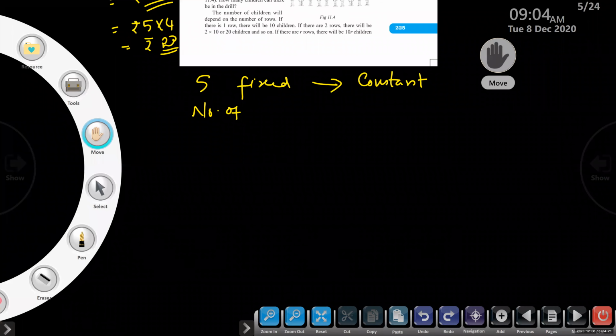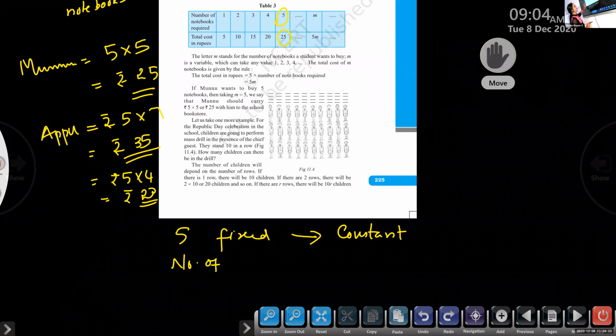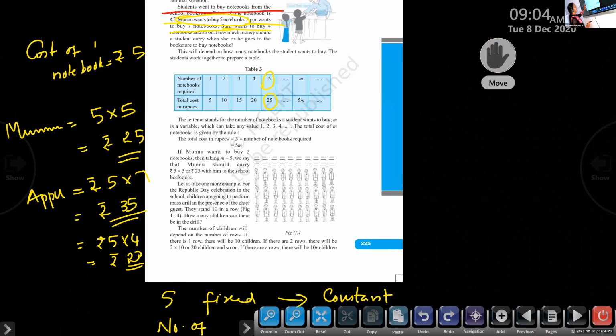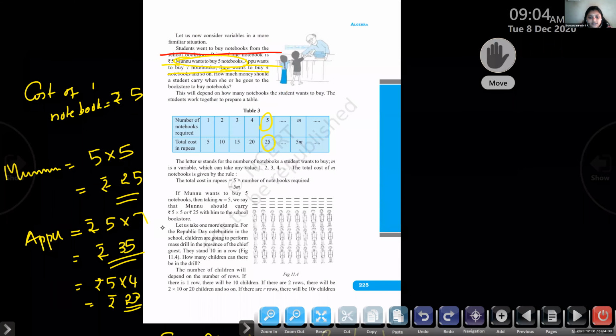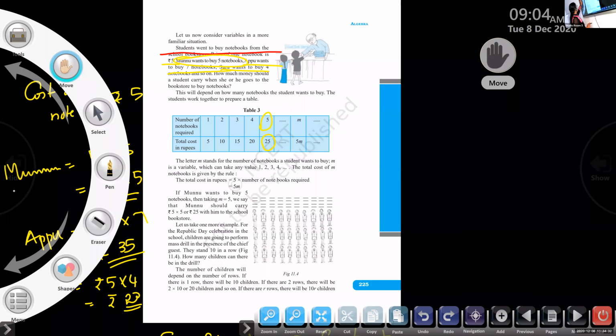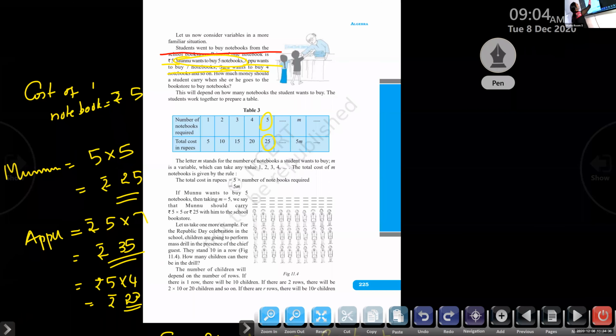It varies, it changes. Clear, children? So again, if we draw the table, what will happen is, one minute.